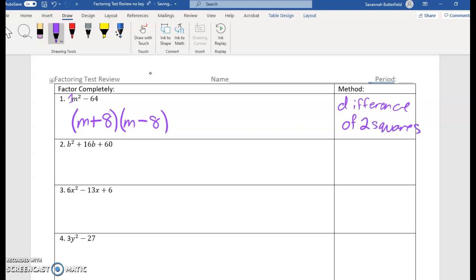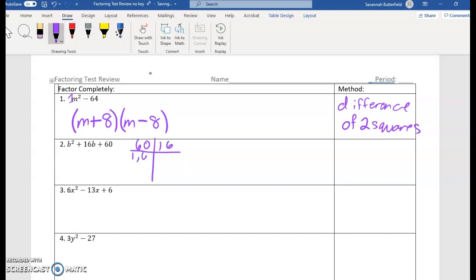Looking at number 2, again, I look for a greatest common factor. I have a 1, 16, and 60. I do not have a greatest common factor there, so that means I'm just going to jump into my methods for three-term polynomials. In this case, my a value is 1, so I can simply make a t-chart, and I'm going to factor my c value of 60 to get a sum of 16.